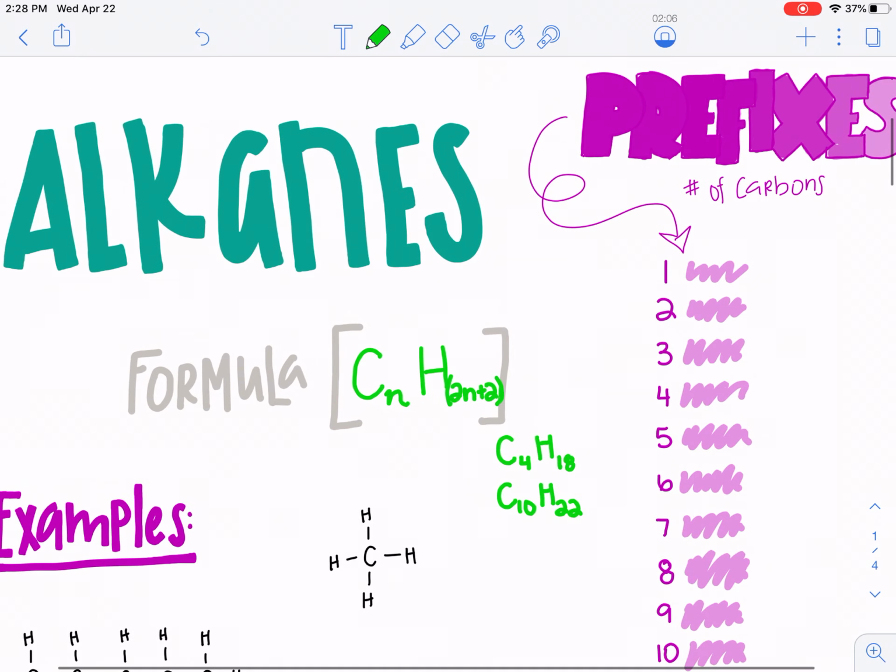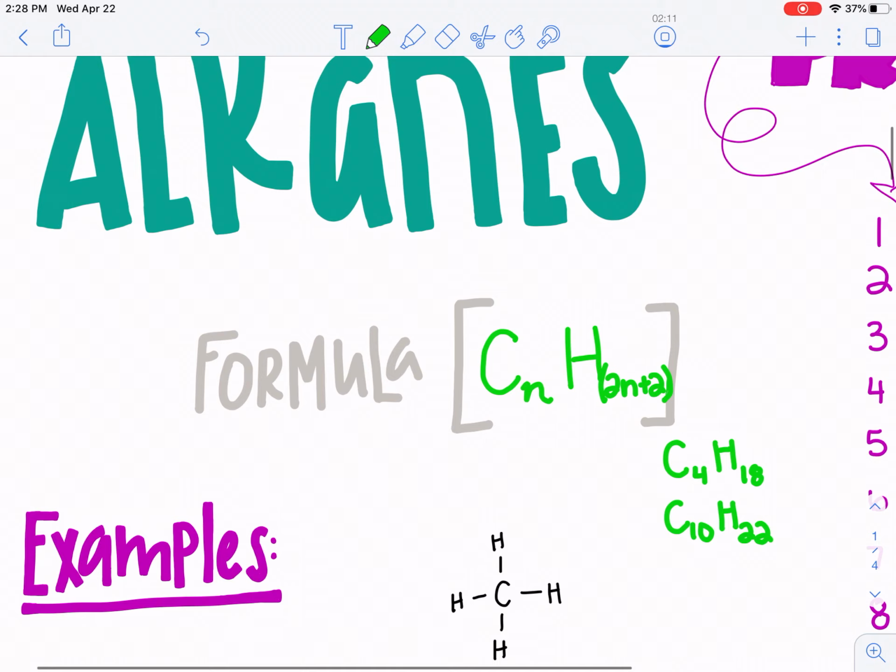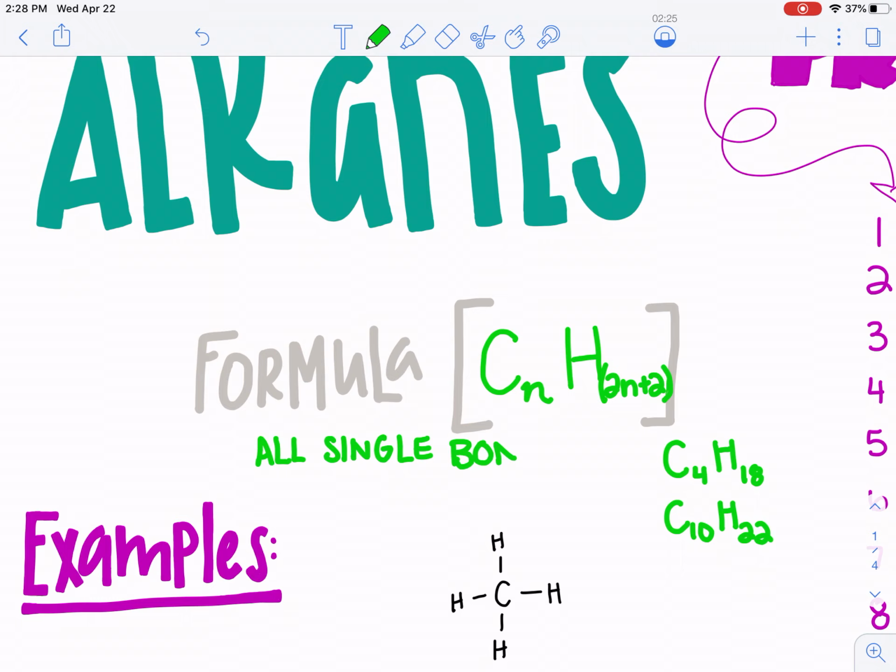So alkanes. The other significant part of the alkane family is they are, of course, all single bonds. And you would probably notice that if you were to draw these structures.